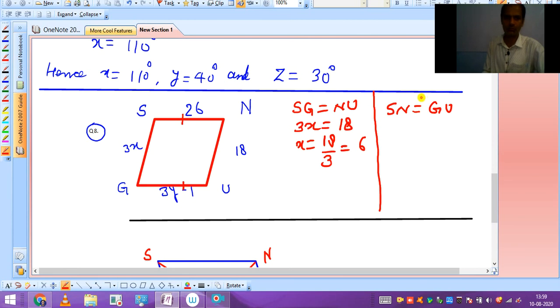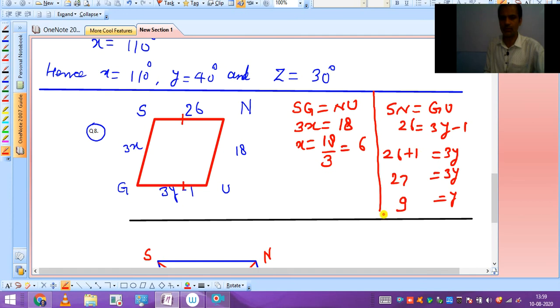So the value of SN is 26 and GU is 3y minus 1. So you can write 3y equals 26 plus 1, and 3y equals 27, then y equals 9 because it is 27 upon 3, that is 9.